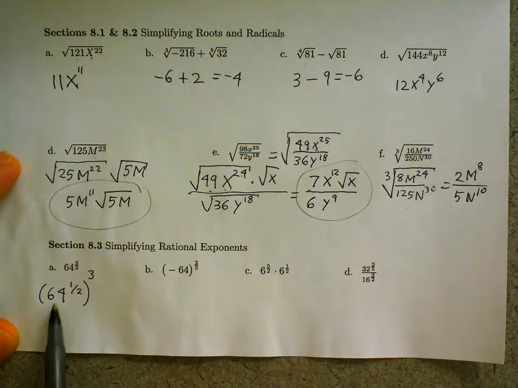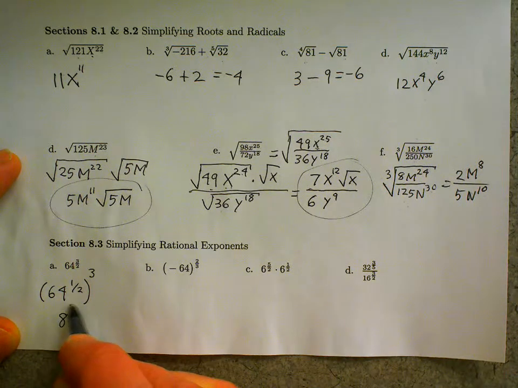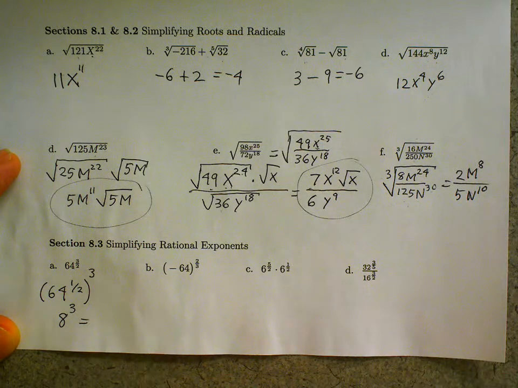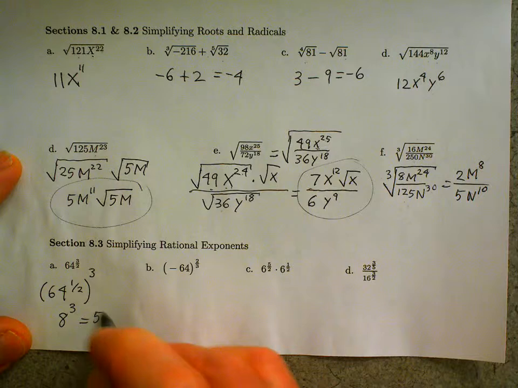And then 64 to the 1 half, that's the square root of 64, which is 8. And then we have 8 to the 3rd. And 8 to the 3rd, 8 times 8 is 64, and then 64 times 8 is 512.